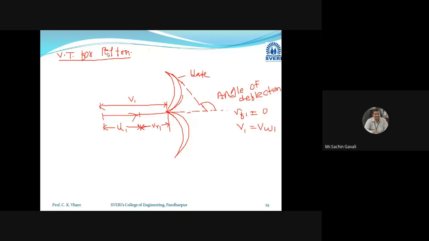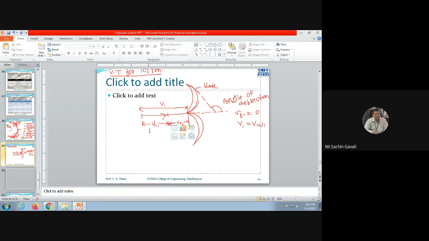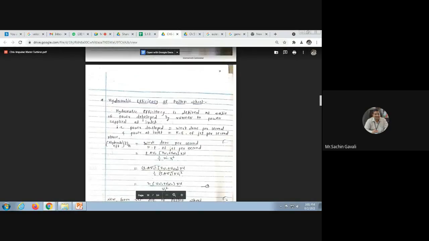Now, hydraulic efficiency of Pelton turbine. Okay. So write down hydraulic efficiency of Pelton turbine. We will not go for derivation, but at least we will write the formula.